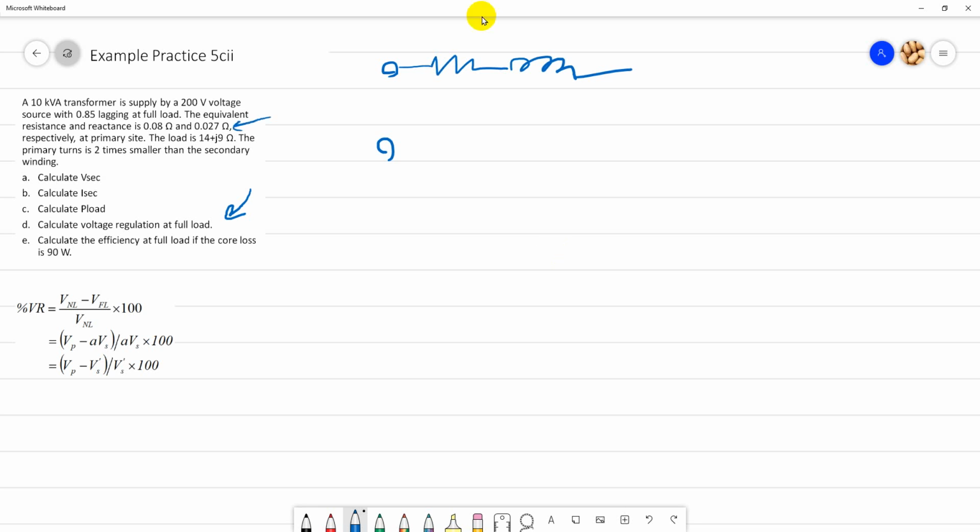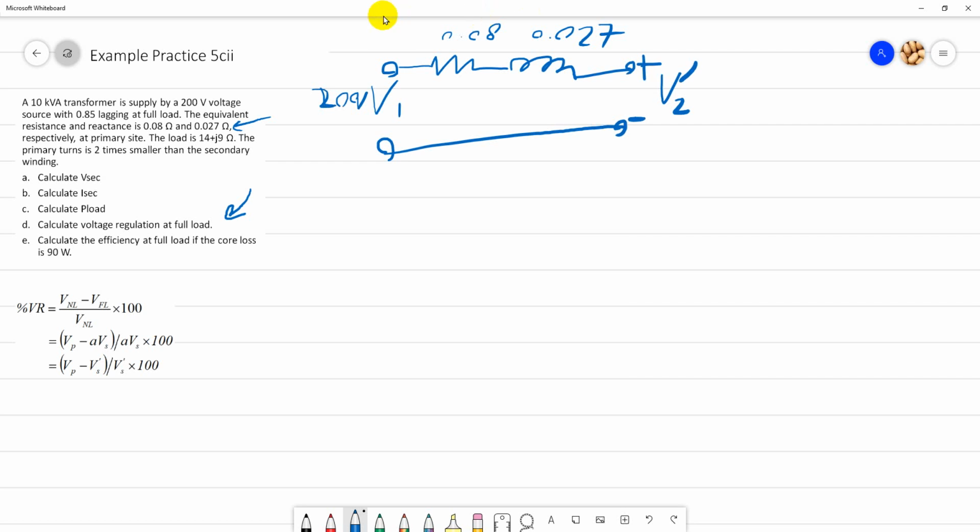This one is 0.08, this one is 0.027, and V1 is 200 volt. Then you have V2, plus minus V2 bar. Don't forget this is referred to the primary side, so this is V2 bar.